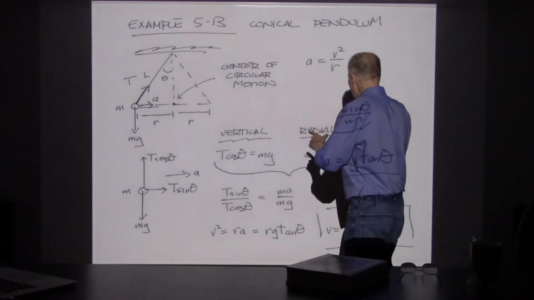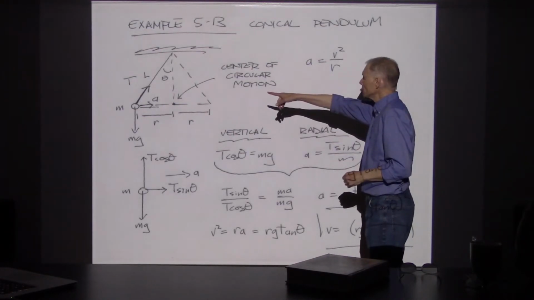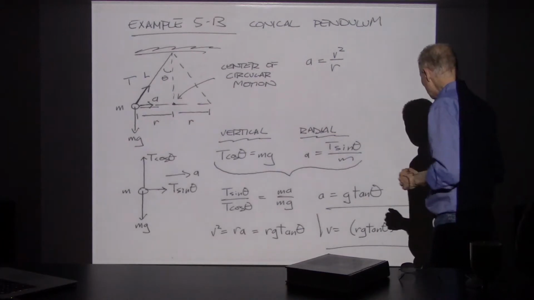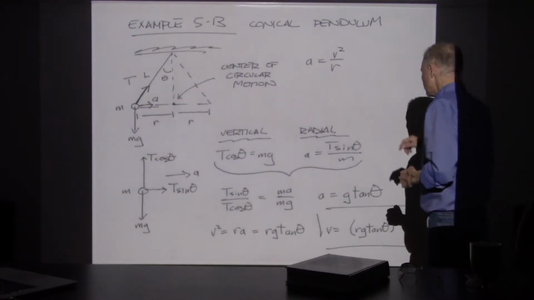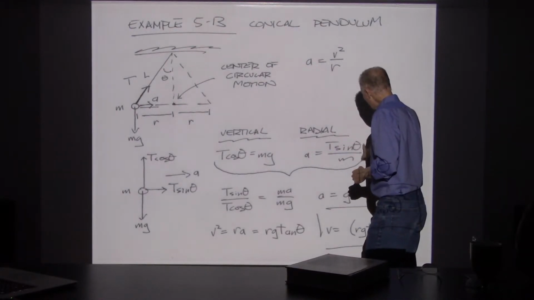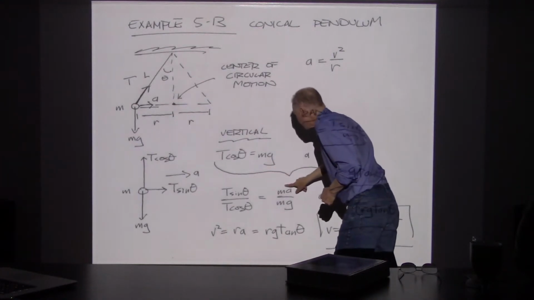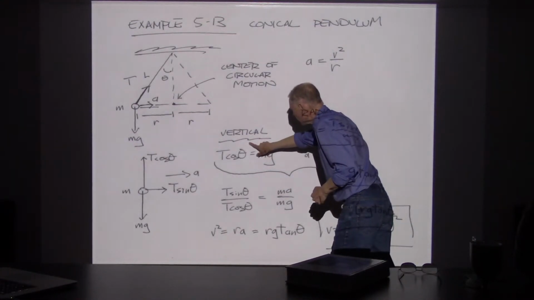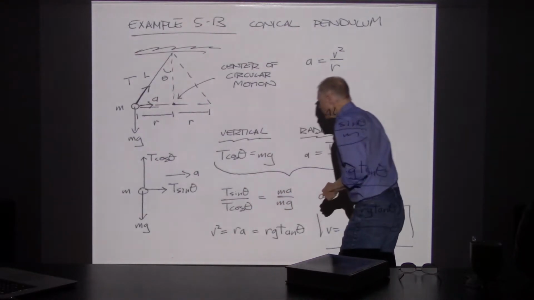So this is an example of where they did not ask about the tension, at least I don't think they did. I was reading carefully. They don't ask about the tension. So I'm going to take this formula, T sine theta equals ma, and write that down. And then I'm going to take the vertical component formula, T cosine theta equals mg, and write that down.